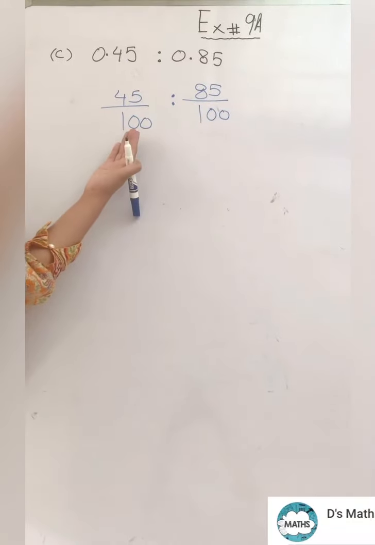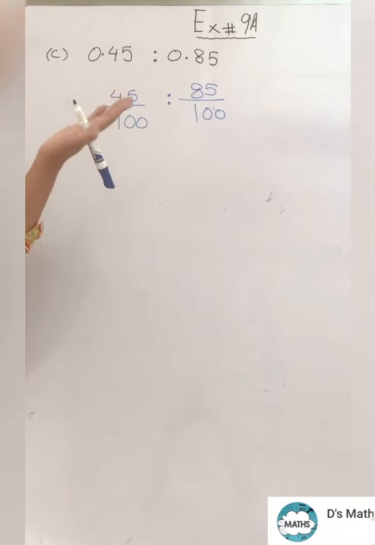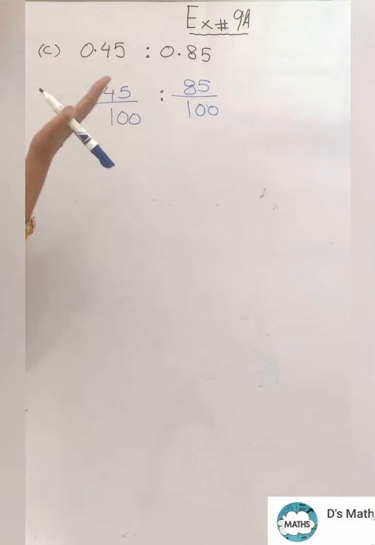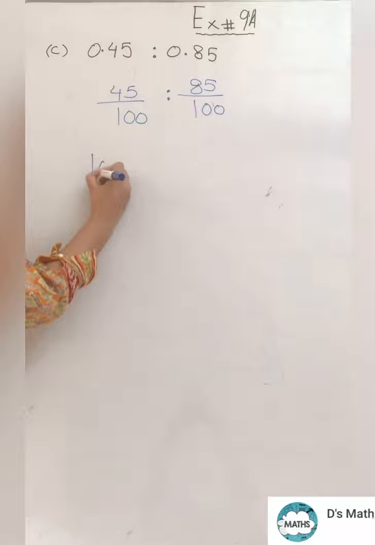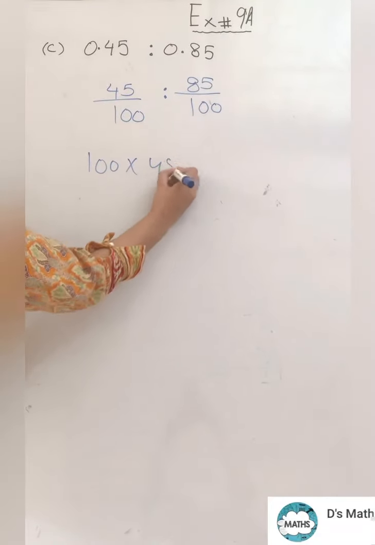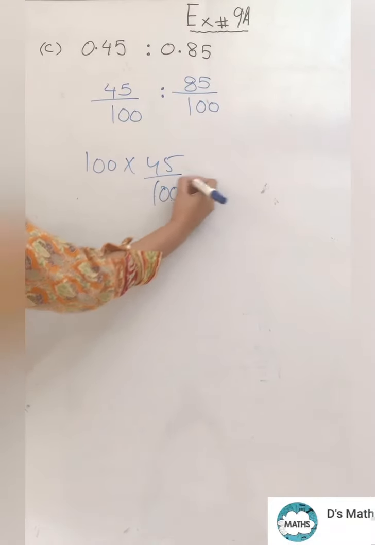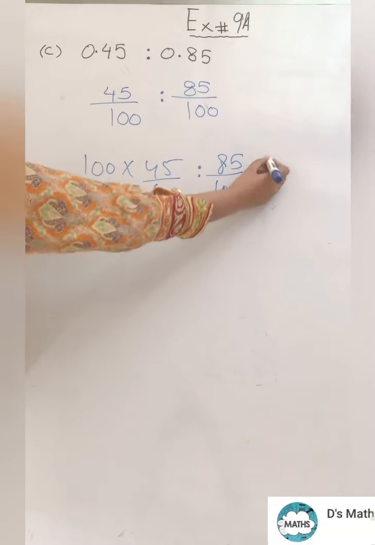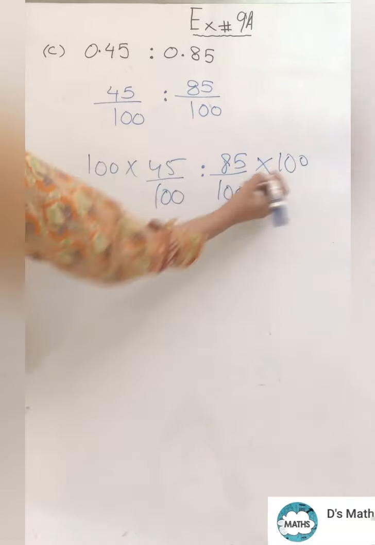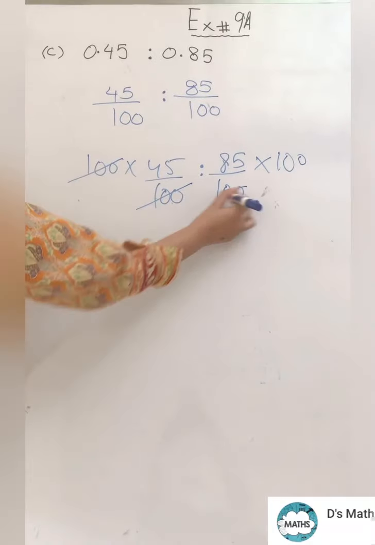Now we know that we have to follow the same steps as we do in the simplification of fractions. We will remove 100 on both sides. So it's better if you multiply by 100 on both sides. 45 over 100 ratio 85 over 100 multiplied by 100. So I'll cancel this 100 with this 100 and this 100 with this 100.